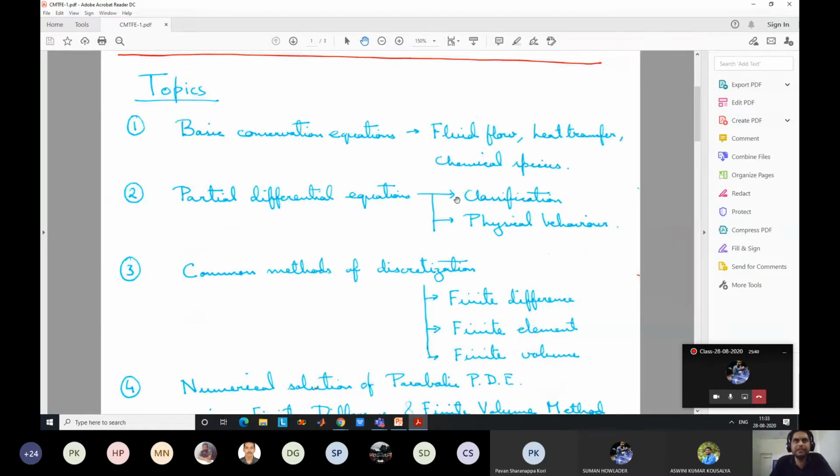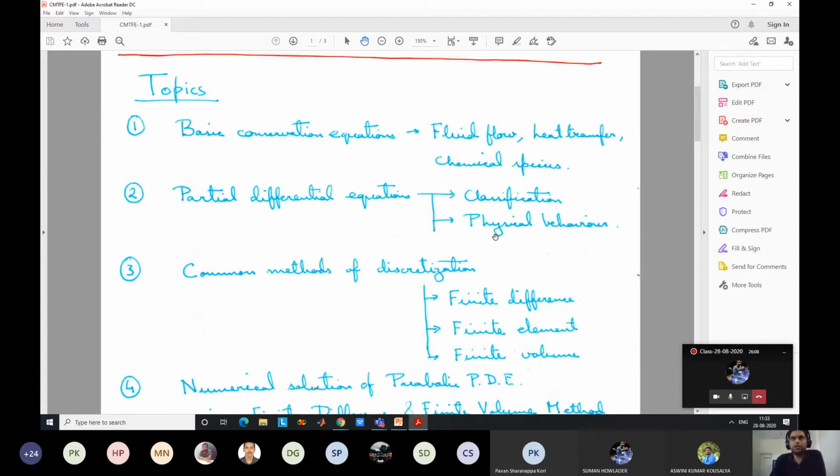In many cases, physical problems are governed by partial differential equations of different forms, such as parabolic, elliptic or hyperbolic equations. For example, a 1D transient heat conduction problem is governed by a parabolic equation. Similarly, wave propagation is governed by a hyperbolic type of equation.